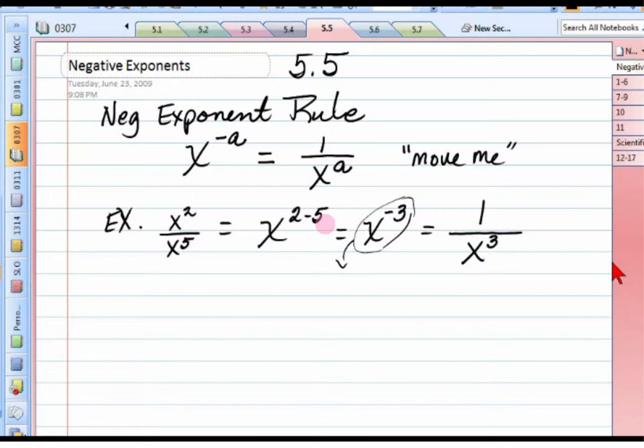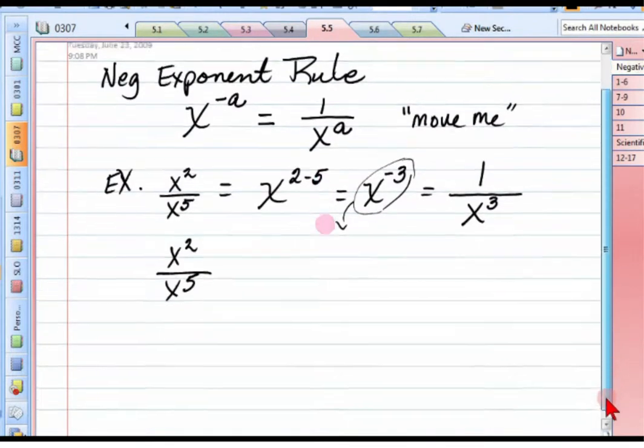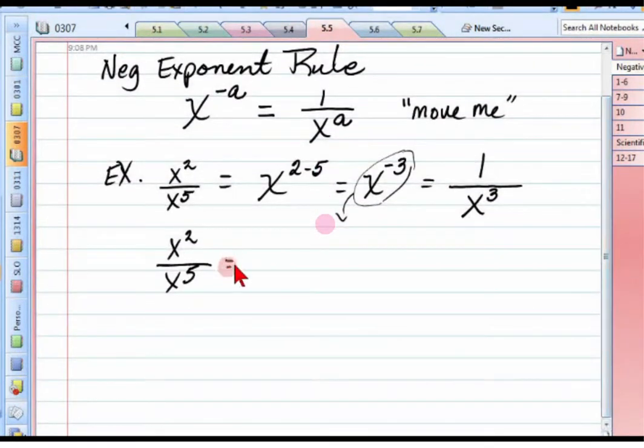Let me see if I can convince you that this step where I did the moving makes some sense. Let's take this same expression, x to the second over x to the fifth. Let me scoot this up just a little bit. I would like you just to think about what it means. Doesn't it mean x times x on the top, and x times x times x times x times x on the bottom? Can I reduce that fraction? Yes, there's a common factor, and every time I divide out a common factor, what am I really leaving behind? Little ones that I get real lazy and don't write.